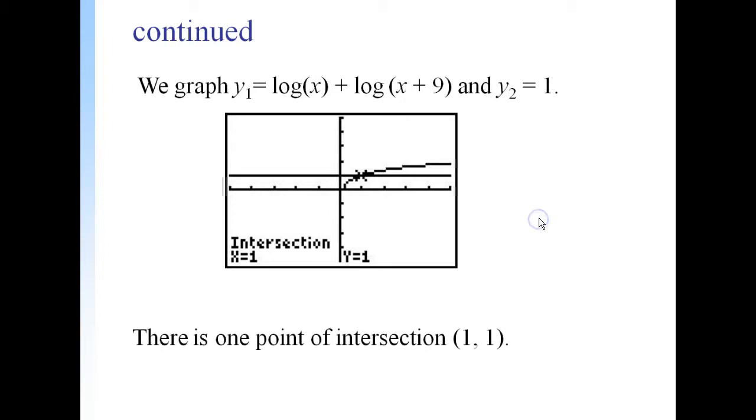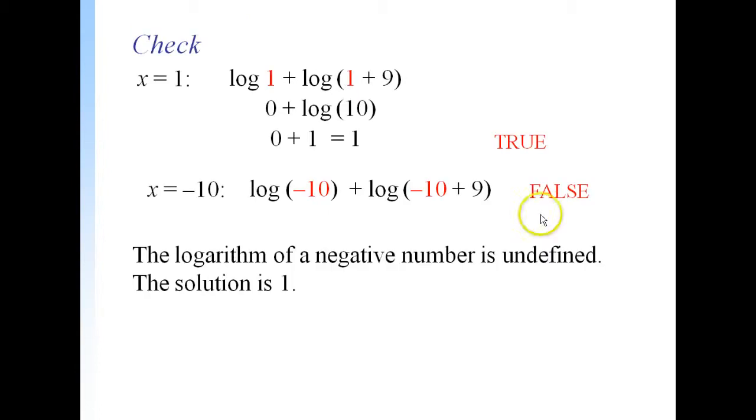Okay, so there's only one point of intersection. And here is the proof of it, that when you try the negative 10 in there, that's false. The logarithm of a negative number is undefined. So the only solution is 1, even though you ended up through the algebra to get 2. That's why you need to check them.